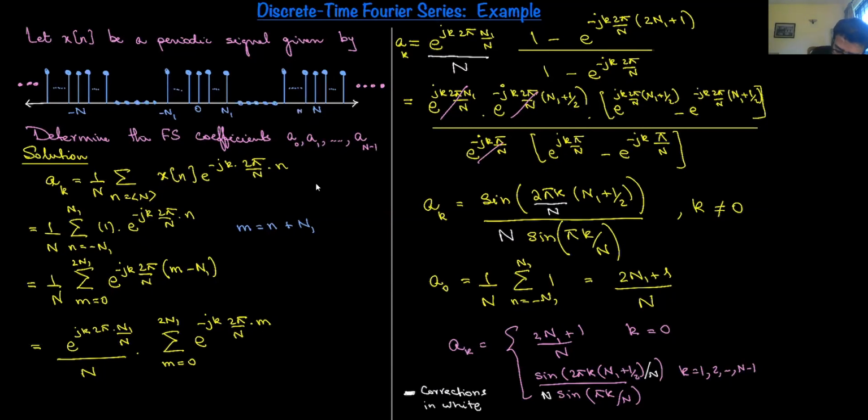If I wanted to, मैं यहाँ से start करके यहाँ तक जाता, and I would have gotten the same result exactly. There would not have been a problem, right? However, to make my life a little easier, what I do is, I just need to sum over one interval, and that interval has to be of length n.